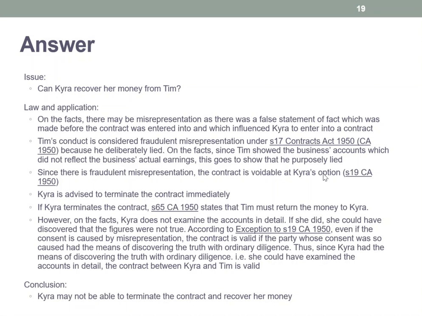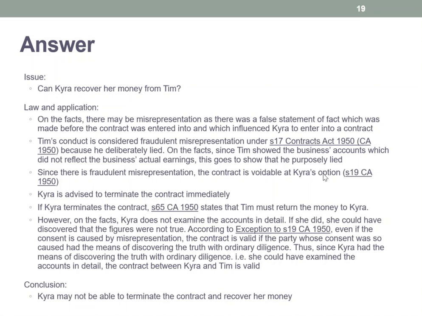However, on the facts, Kiara does not examine the accounts in detail. If she did, she could have discovered the figures were not true. According to the exception to Section 19, even if the consent is caused by misrepresentation, the contract is valid if the party whose consent was so caused had the means of discovering the truth by ordinary diligence.